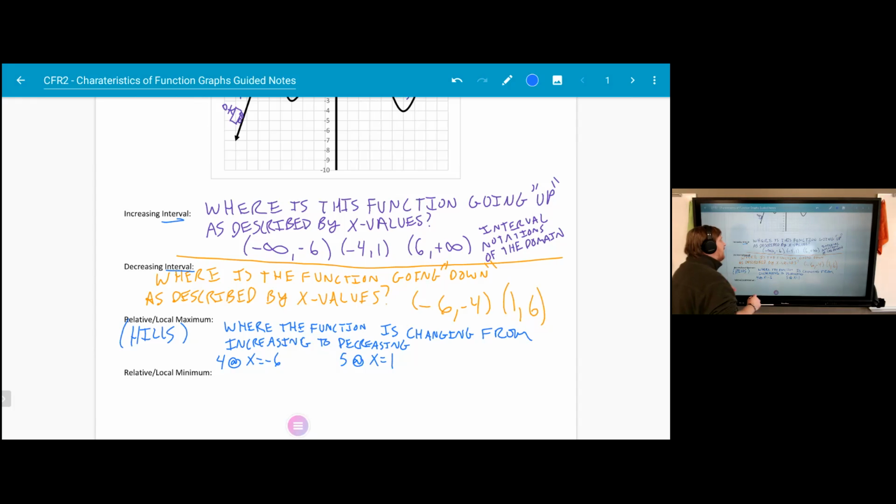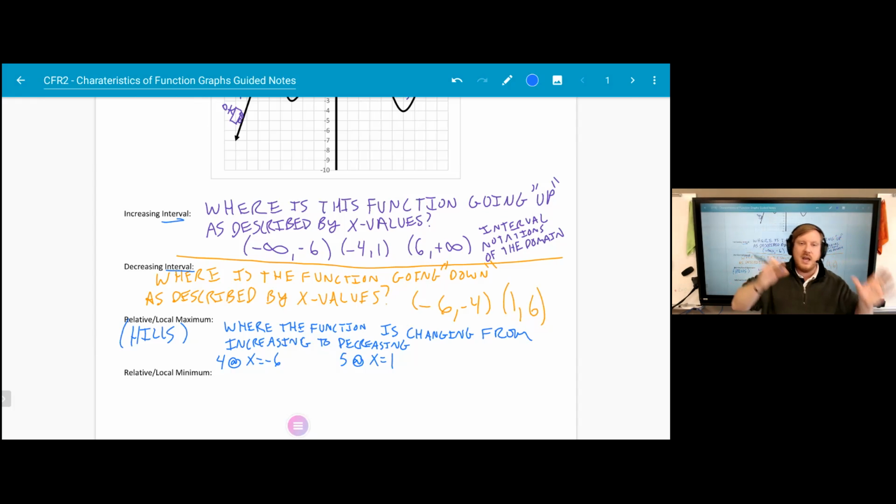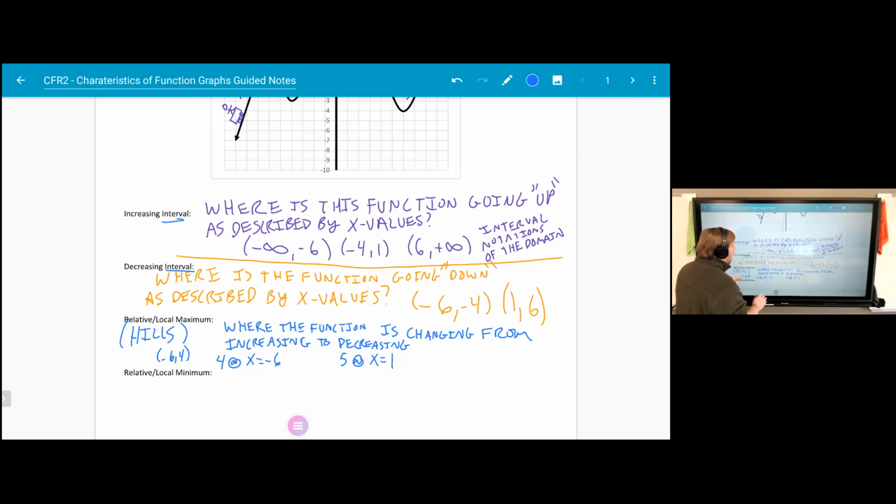Yes, you could put those in coordinate points, but I'm trying to make it so you don't get the intervals confused with coordinate points. Yes, you could write -6, 4, but remember that that's different than the intervals up here. You could also write this as 1, 5, but that's different than what's up here.